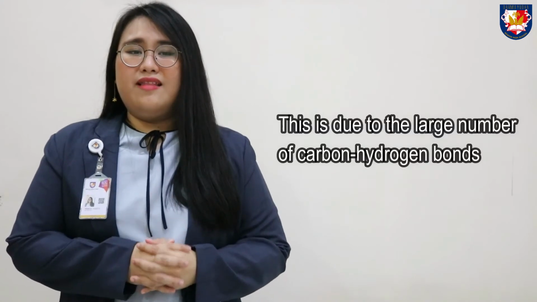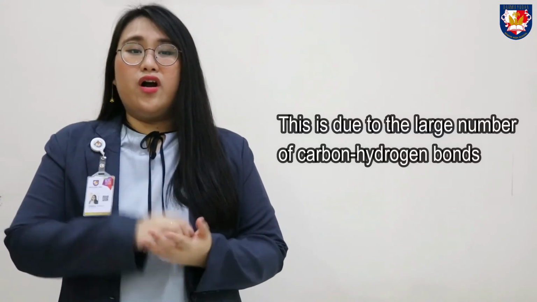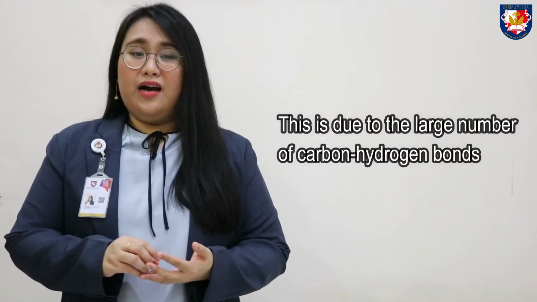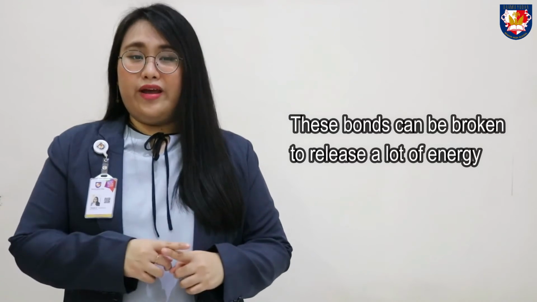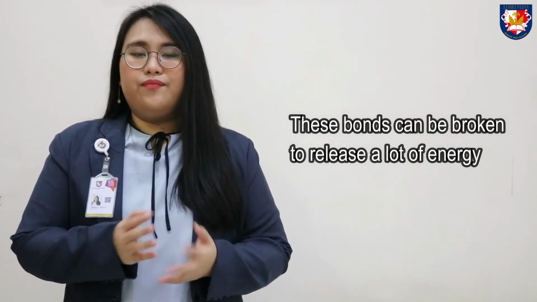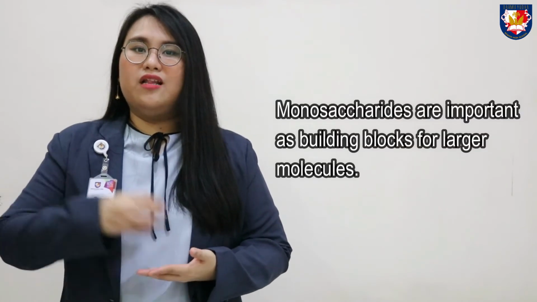Why are they used as a source of energy? It's because they have a large number of carbon-hydrogen bonds. When these carbon-hydrogen bonds are broken, they release energy. The second function is that they are used as building blocks for larger molecules. For example, glucose is used as a building block for polysaccharides such as cellulose, glycogen, and many more.